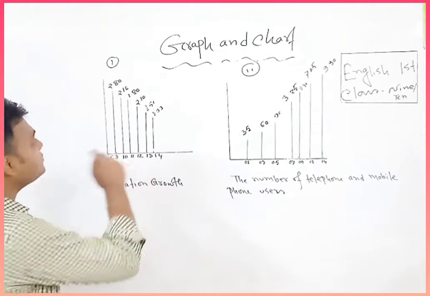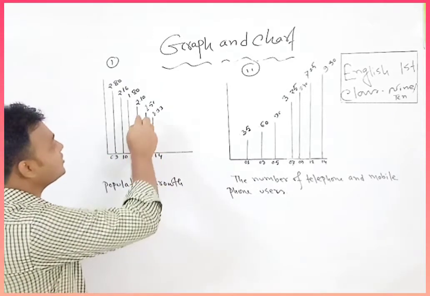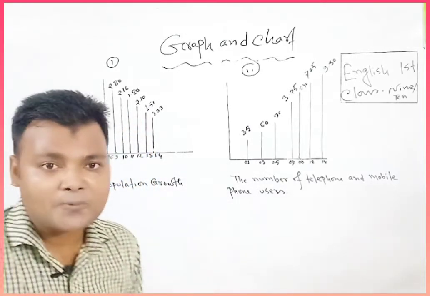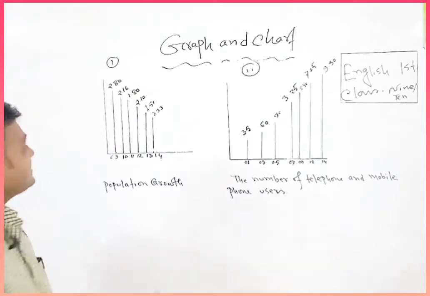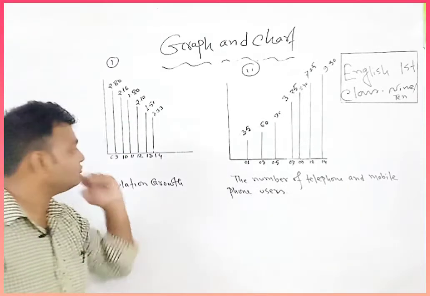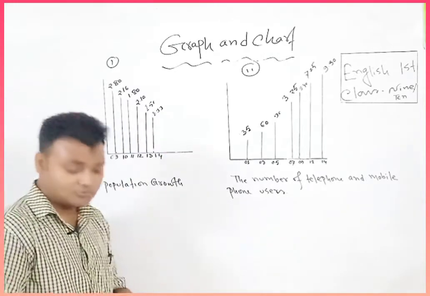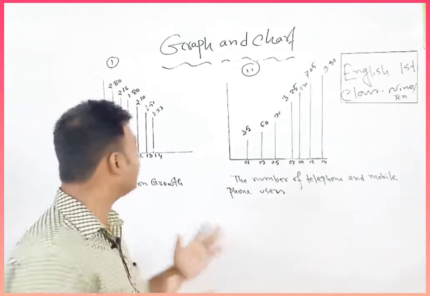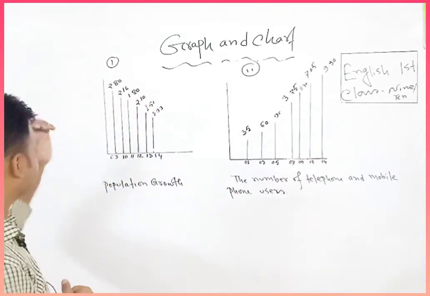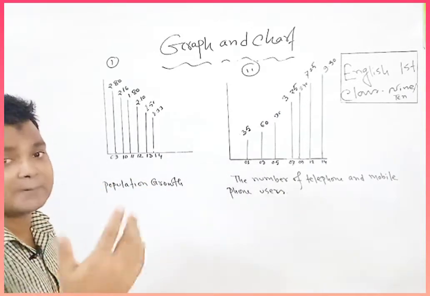In 2012 the population growth rate was 1.50. Again we can see that the population growth rate was decreasing. And finally in 2014 the population growth rate was 1.33. So from this graph we can easily say that the population growth rate was decreasing year by year.